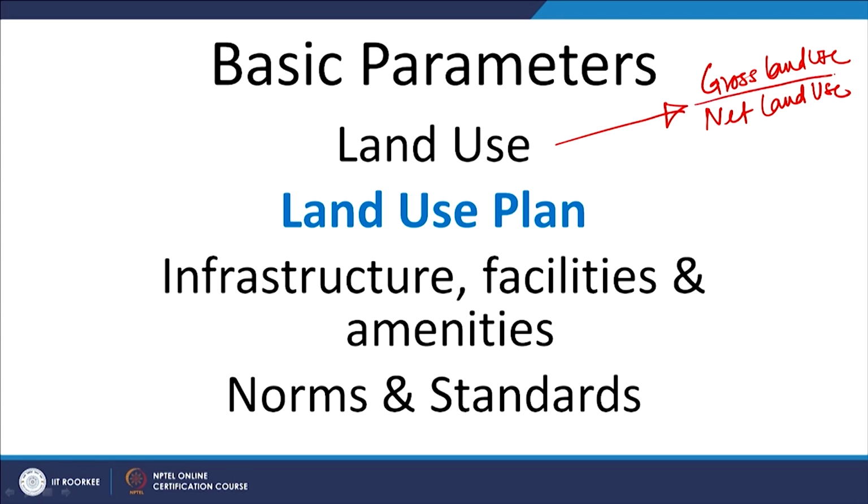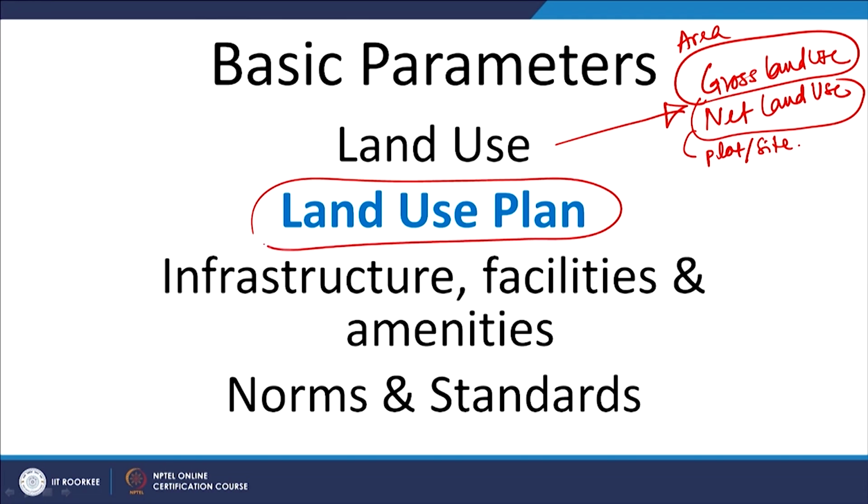The gross land use gives the land use at area level, and net land use denotes the land use at the plot level or site level. For a city, if you represent a land use map or land use plan, various gross land uses are shown, where minute land uses are not highlighted, whereas when you make an area development scheme or local area plan, we sometimes show the plot level or site level land uses also.